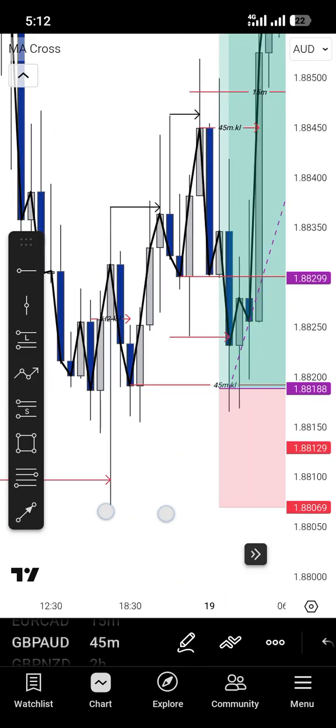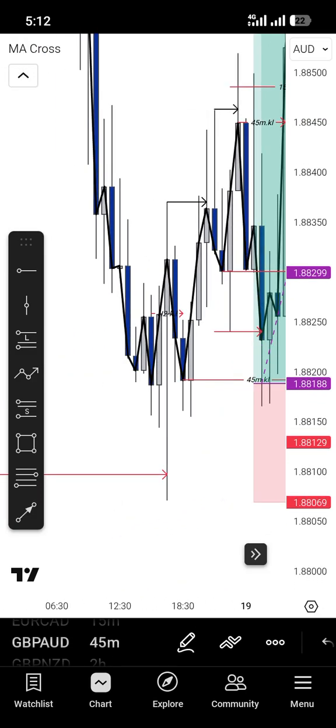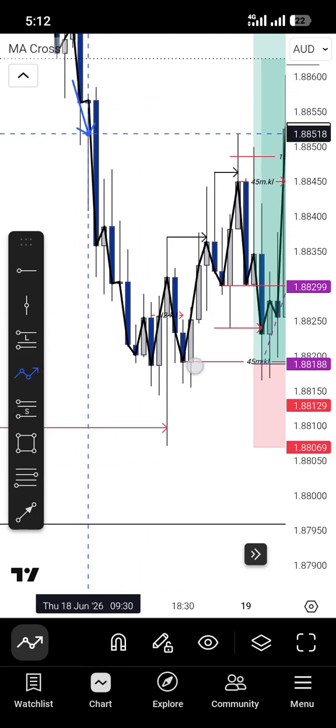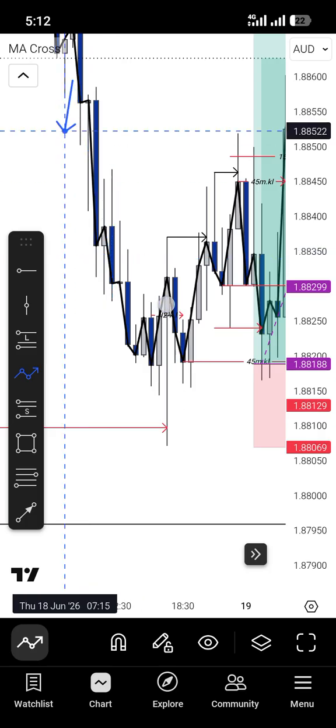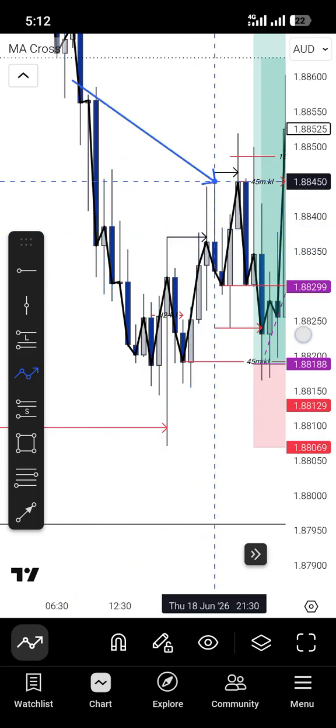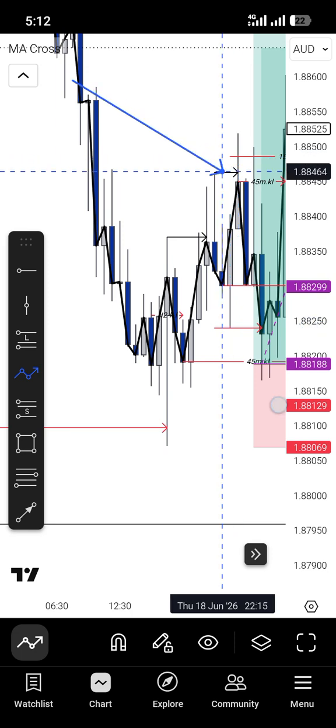Normally you're supposed to use this break, but there was no structural level coming down from this point, right? There was no structural level. So since there is no structural level here, it's going to create its own, double break of structure.